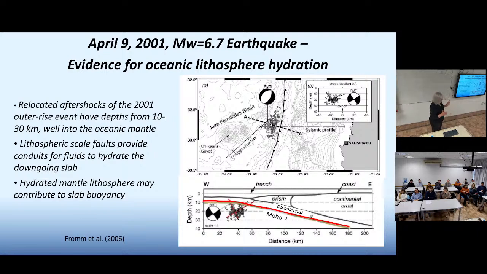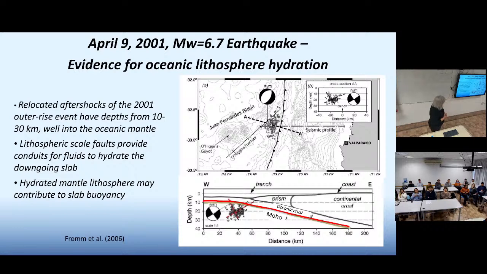And it was so deep that we think the seawater could get down into the mantle. And that's what you need. You need to get water into the mantle in the outer rise to really hydrate it. And when you do that, with earthquakes like this, you're going to make it more buoyant, and when you dehydrate things, you get that water back up into the lithosphere.